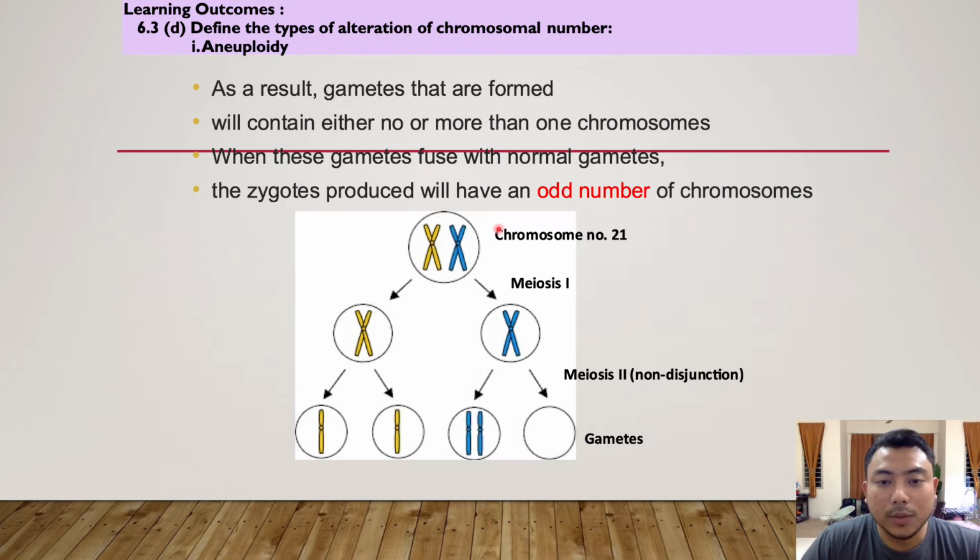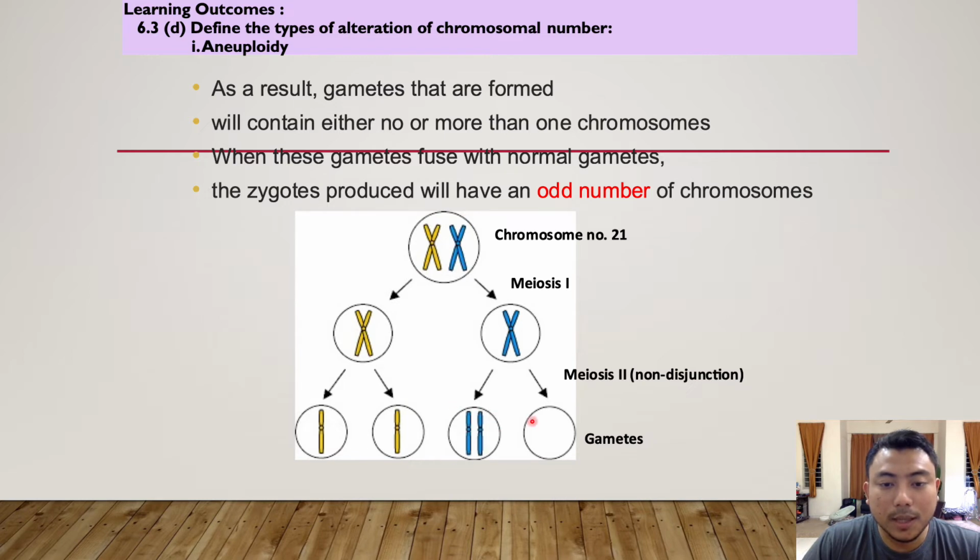Okay, contohnya kita tengok dekat sini, chromosome number 21. After meiosis 1, okay, so everything seems normal. But after meiosis 2, sepatutnya half of this sister chromatid goes to one side of the cell. The other chromatid should separate and move to the opposite cell. So, due to non-disjunction, maknanya dia tak terpisah pun dekat sini, both of the chromatids will enter one gamete.